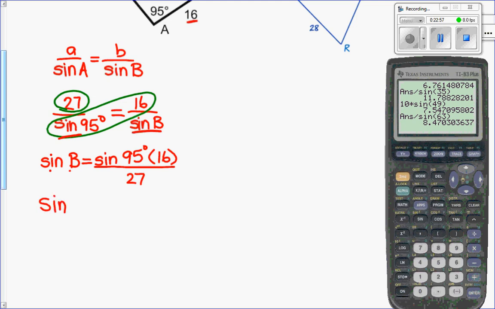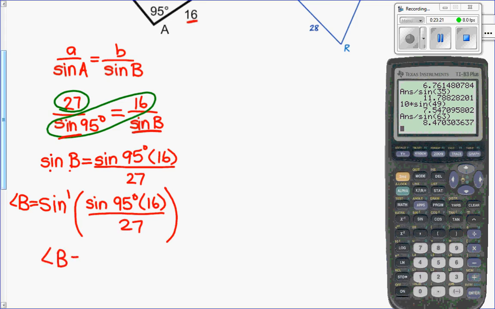So I write that this way. Angle B equals the inverse sine of this whole thing here, which is sine 95 degrees times 16, all divided by 27. That's going to give me angle B.